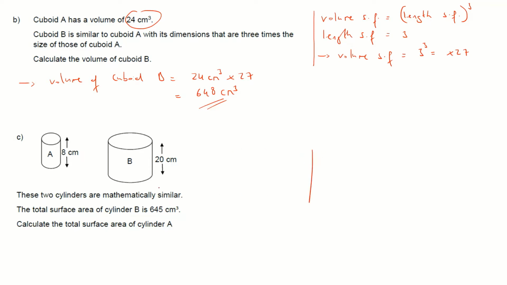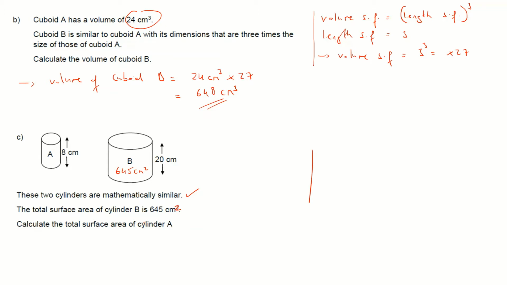Right then, so these two cylinders are mathematically similar. The total surface area of cylinder B is 645. That should say cm squared there, by the way. All right, because areas are always in square units. So the surface area of B is 645 cm squared.